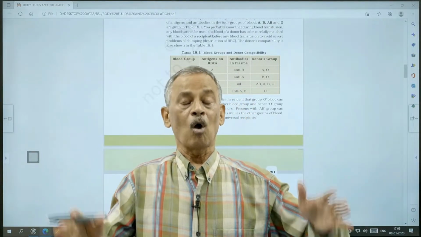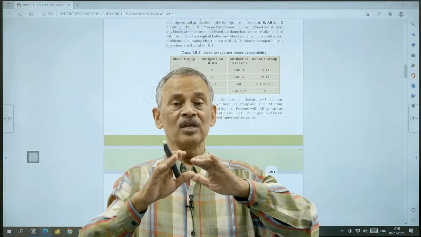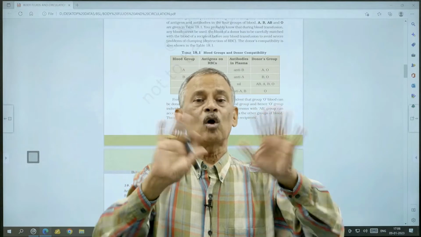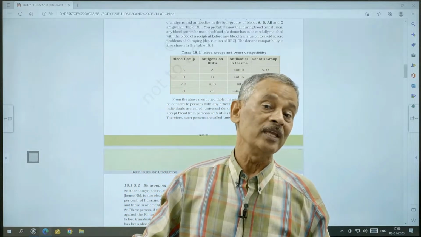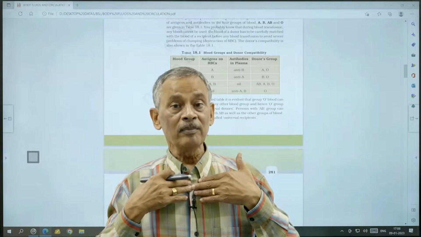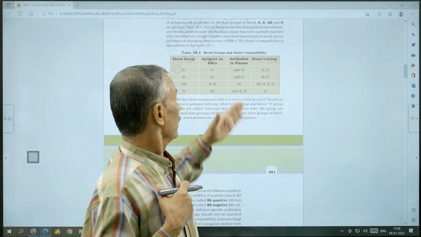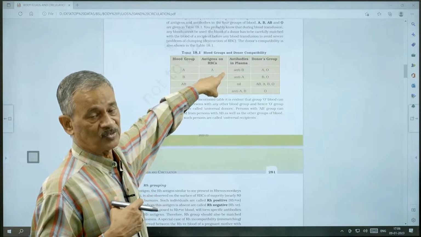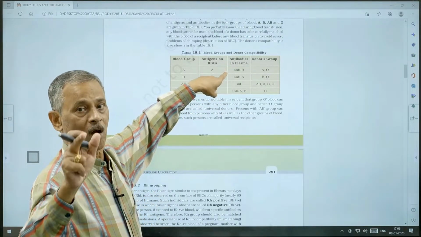If on mixing two bloods they are coagulating or clumping, then they are not matching. They cannot be transfused to each other. Suppose I am A group. I am having A antigen on the RBC. That is taken into account.